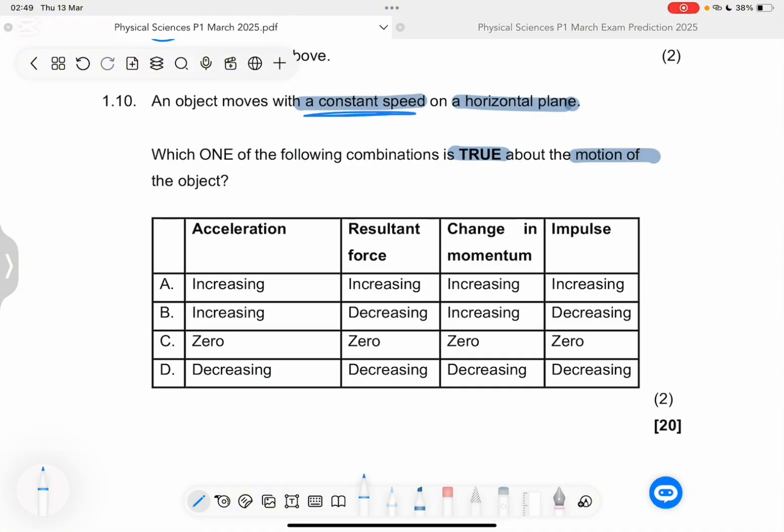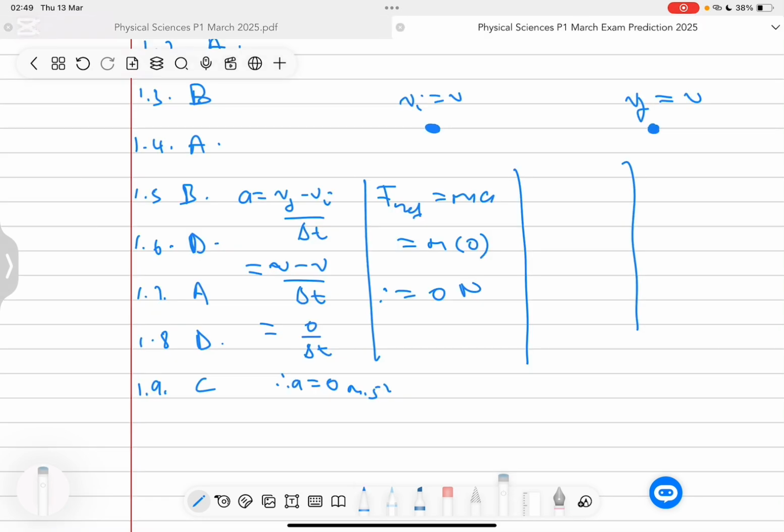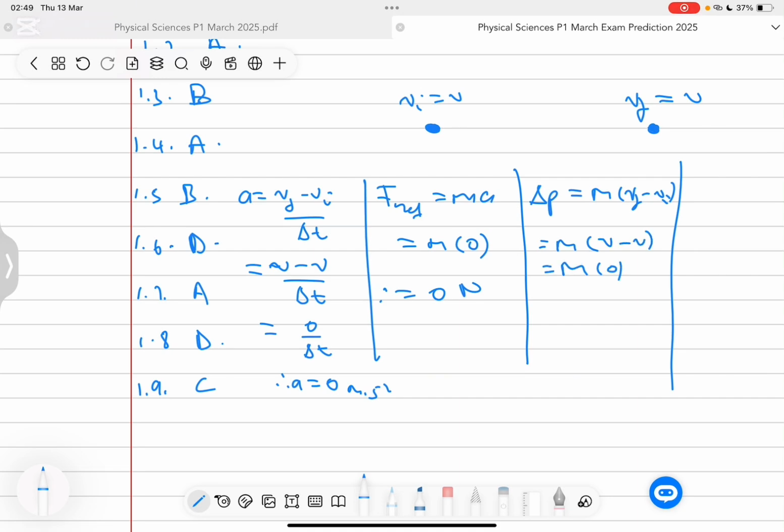The other thing that we have is the change in momentum. We know that change in momentum is actually defined as m times (v final minus v initial). Maybe let me extend this here because I realized that my equation of change in momentum is a bit lengthy. And we can see that we'll have the m, and our v final will be v, our v initial will be v, and this would mean I'll have m times 0.